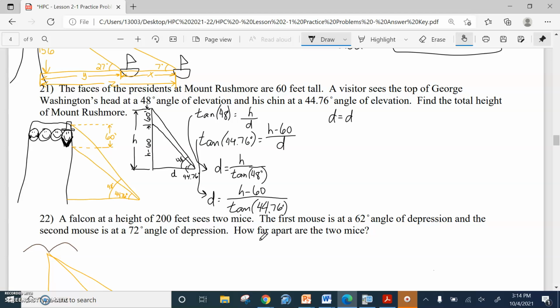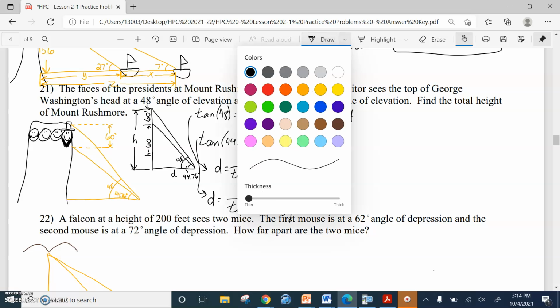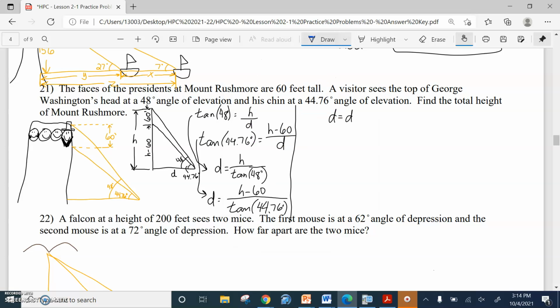So let's do that. I'll even change colors for this one. Let's go to blue. So now we have h over tangent 48, equation 1, is equal to equation 2, h minus 60.